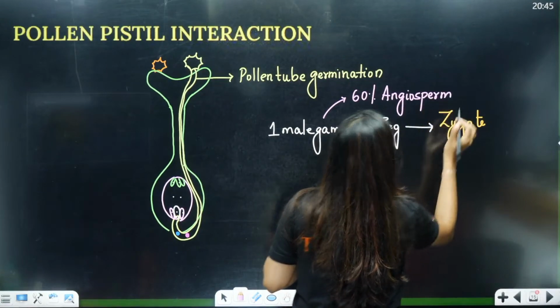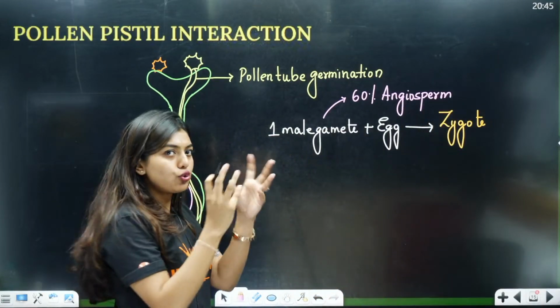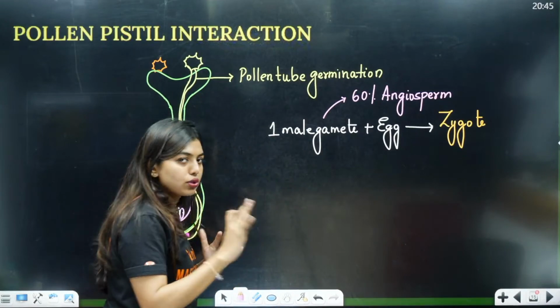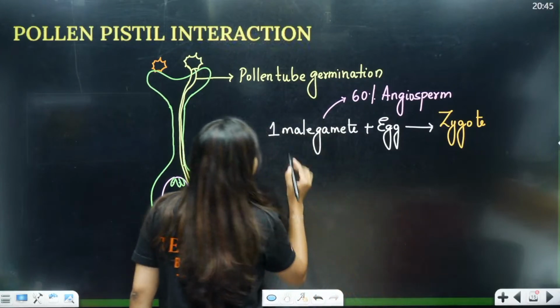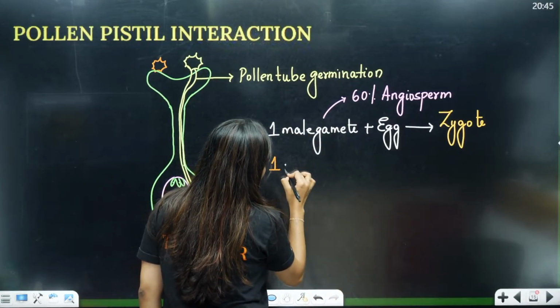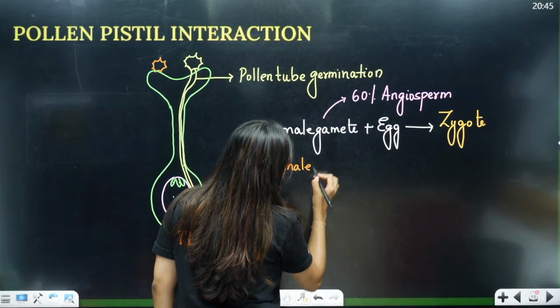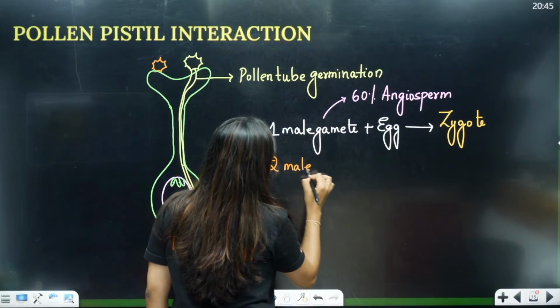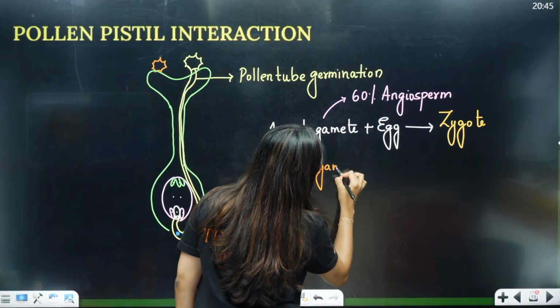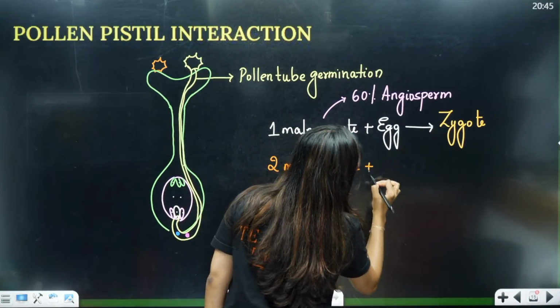You know, this male gamete came from the generative cell, right? The nucleus split and the tube nucleus formation happened. Now, in this scenario, what has happened? One more male gamete, let's say the second male gamete. The second male gamete is going to directly go and fuse with whom?